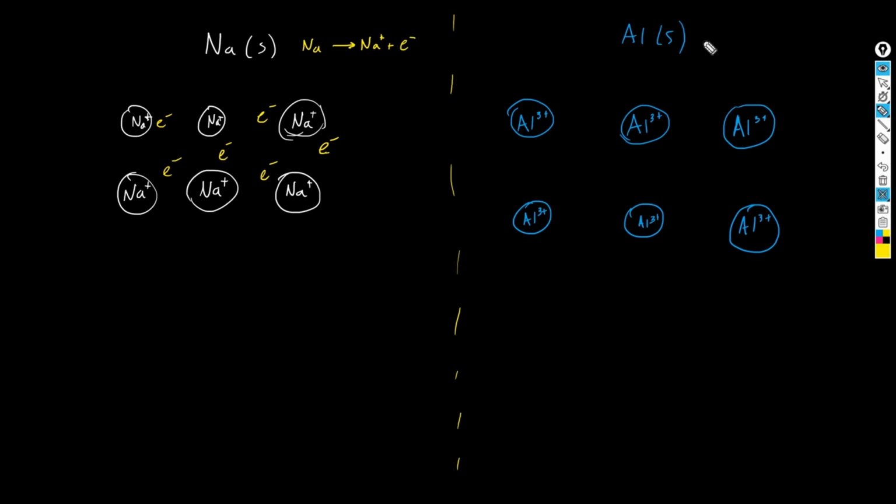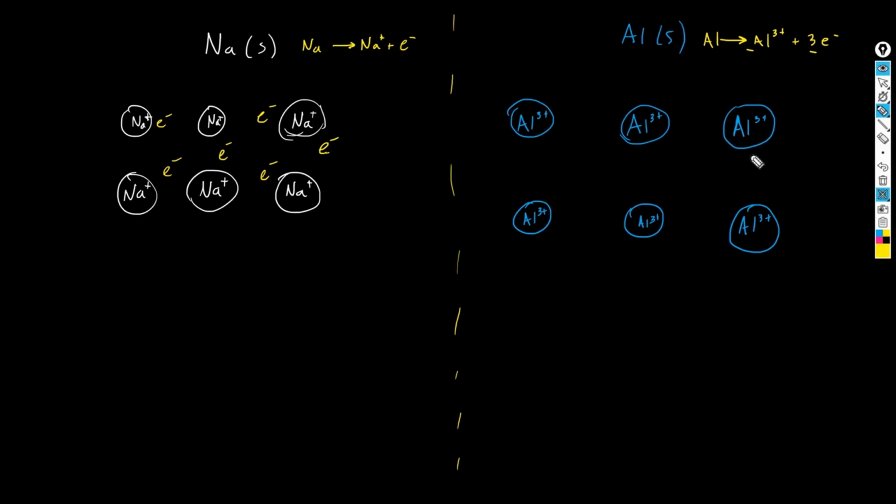And so when aluminum forms its 3+ ion, it does so by releasing 3 electrons. So now we have a 1-to-3 ratio between the cation and the electrons. So when we draw an aluminum lattice, we need to make sure that we draw 3 times more electrons than we're drawing cations.